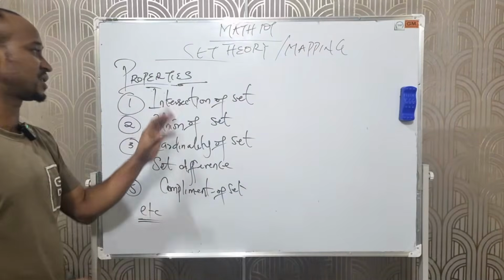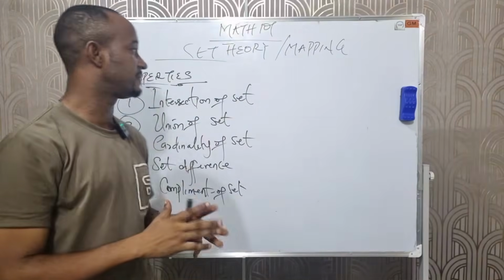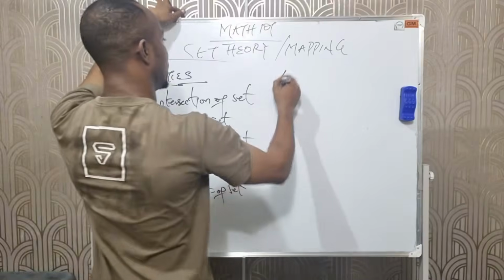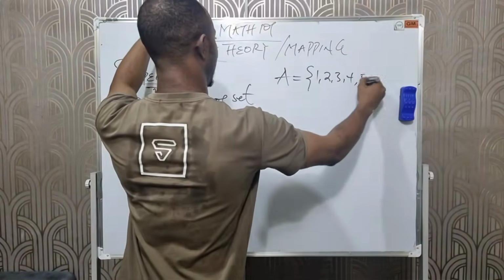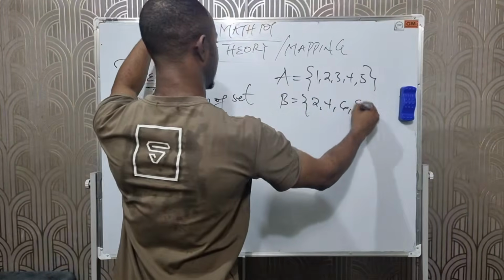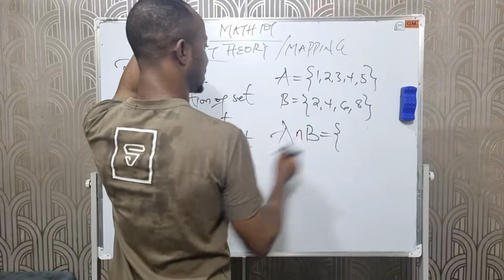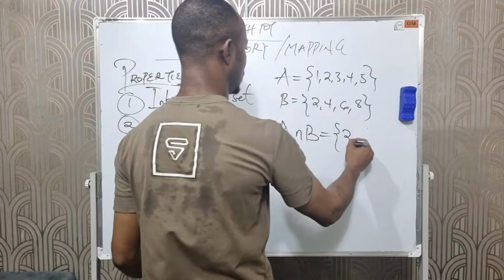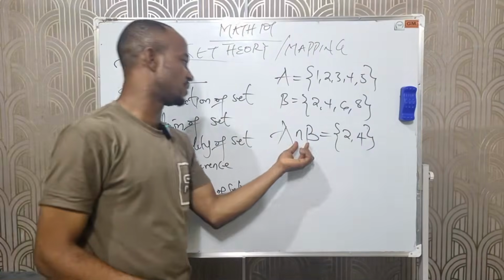Now, when you hear the word intersection, two sets are said to intersect if they have common elements. For example, if set A is 1, 2, 3, 4, and 5, and set B is 2, 4, 6, and 8, then A intersection B is what is common between A and B, which is 2 and 4.